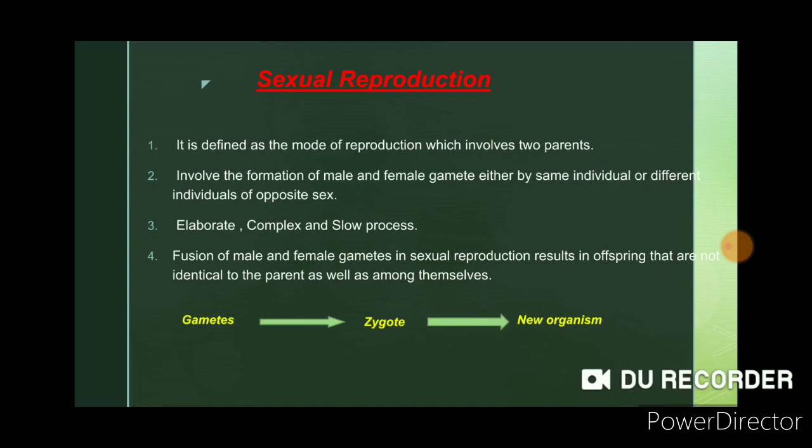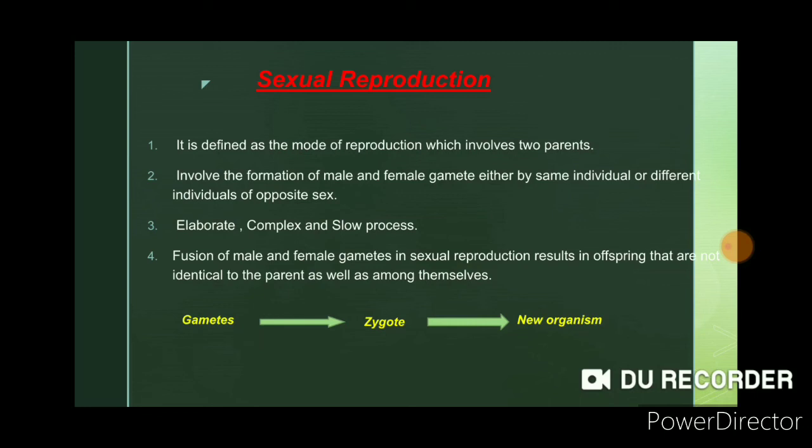What does this point mean? When a female and a male gamete, the male sex germ, fuse in sexual reproduction, it results in the formation of offsprings which will not be similar to the parent organism, as it involves gametes from two different individuals.